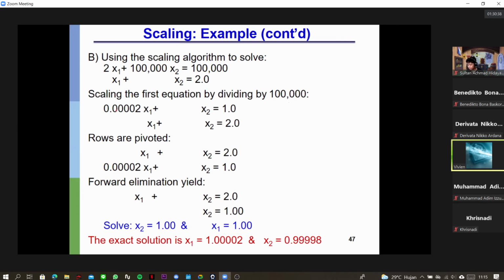After we do scaling, we search for the largest element. That will be the second row, so we pivot, and now the second row becomes the first. Once we have this, we can do forward elimination. Now the result, x2 is 1 and x1 is 1. So you can see here that the error becomes very small.